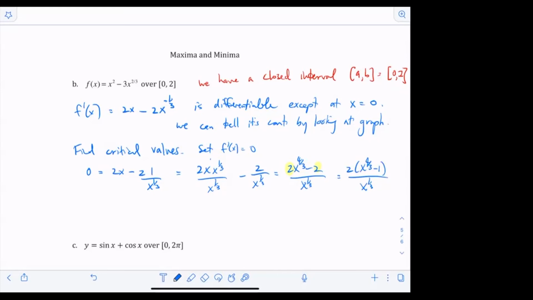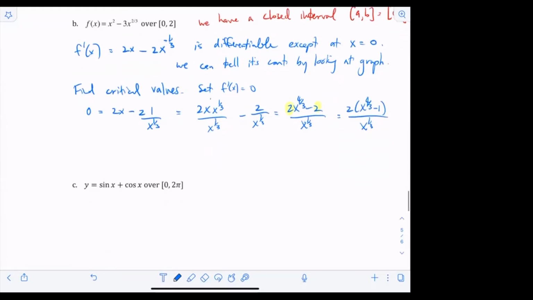So when I go to find my critical values, I plug in a c and I set it equal to 0, right? So this tells me that I'm going to have 0 is equal to 2 times c to the 4/3 minus 1 divided by c to the 1/3 power. So I know that if I have c to the 4/3 equal to 1, that's one equation.